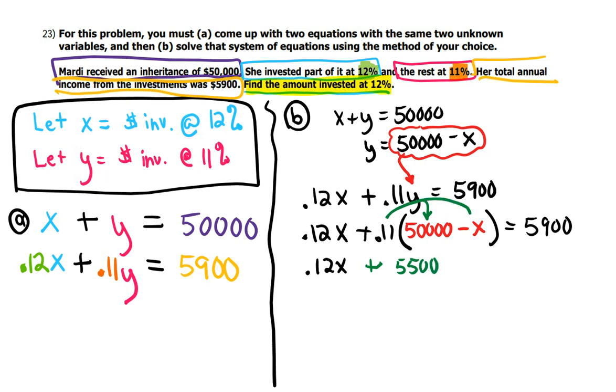And then 0.11 times a minus invisible 1X is a minus 0.11X. And then you have like terms. This guy here and this guy here are like terms, so I can combine them. 0.12X minus 0.11X would be 0.01X, and then you still have the 5,500.